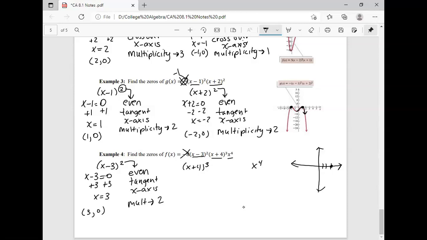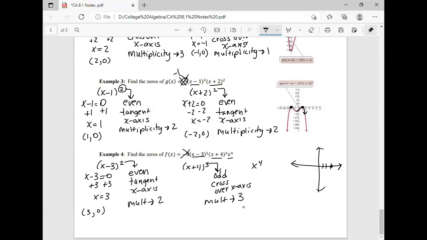Anybody lost? This 3 is odd. That means it's not going to bounce off. It's going to have to cross over the x-axis right there. It also tells me that there is a multiplicity of 3 happening.